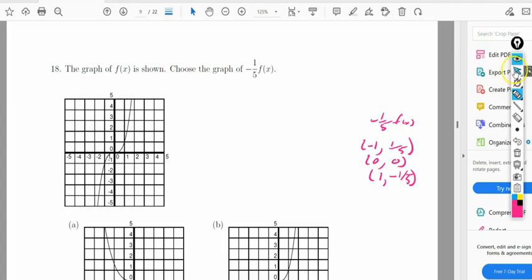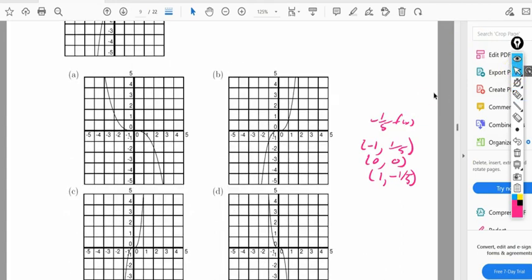So let's look at these selections. Okay, so -1 comma positive 1/5. That is about there. 0, 0, and 1 comma negative 1/5. I have found it. Okay, and it's going to be that one.